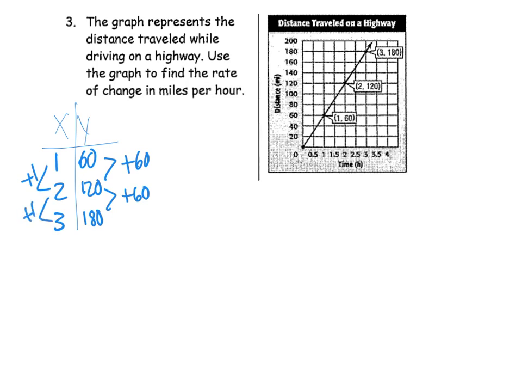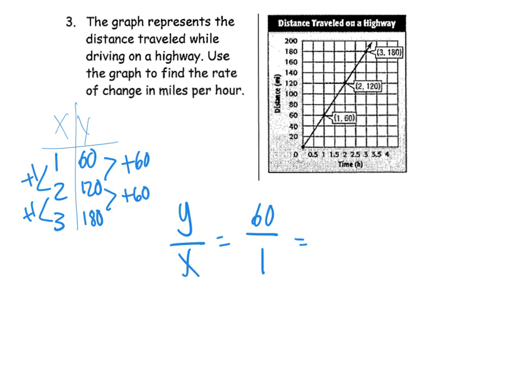Okay, so like we said on that last slide, y over x. What's my change in y? How is my y changing? By 60. And how is my x changing? 1.